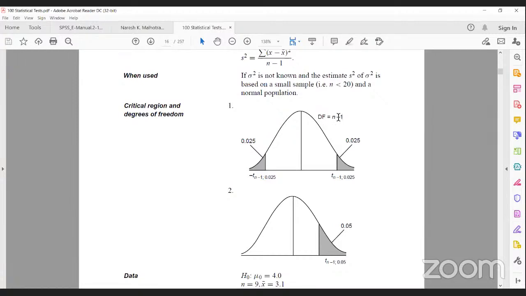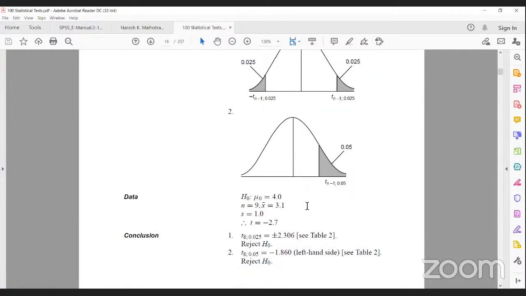For that reason we have taken minus 1 here. The degrees of freedom is different for different cases, and the initial one comes up with this n minus 1.